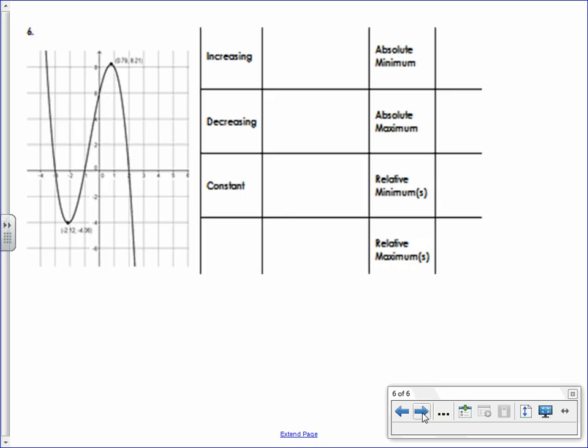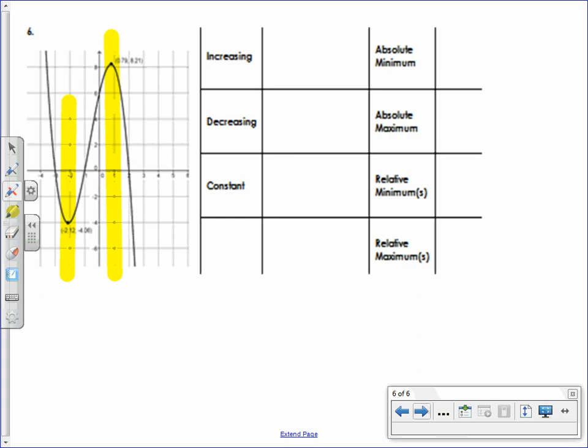All right, let's highlight our points where it changes directions. So we need to highlight right here on this line. And we need to highlight right here. So I've got 3 different intervals going on here. My first interval, they're decreasing.